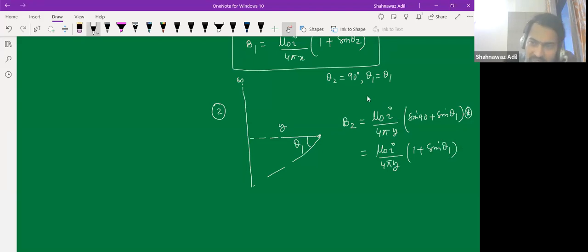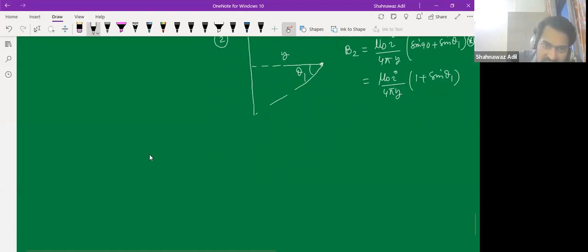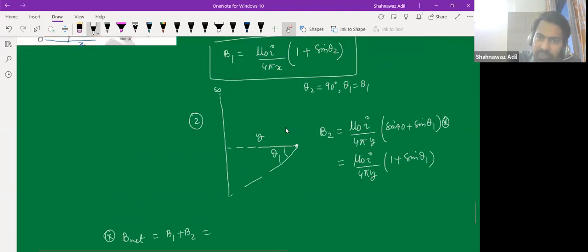So again, as Chavez is saying, both have the same direction. So B net would be B1 plus B2 in the downward direction. So this direction would be cross. B1 is how much?